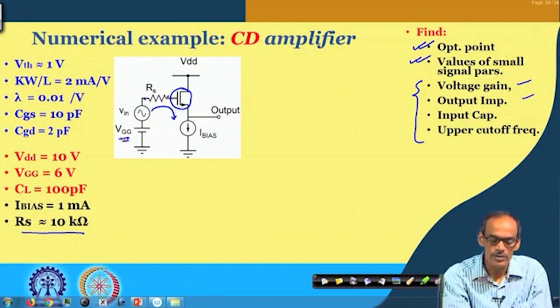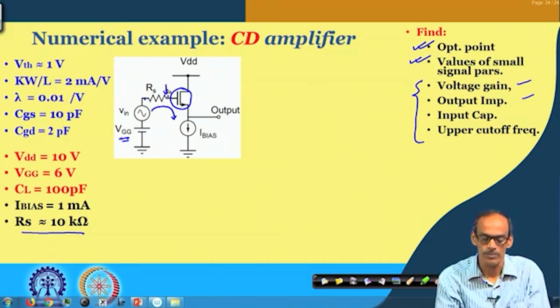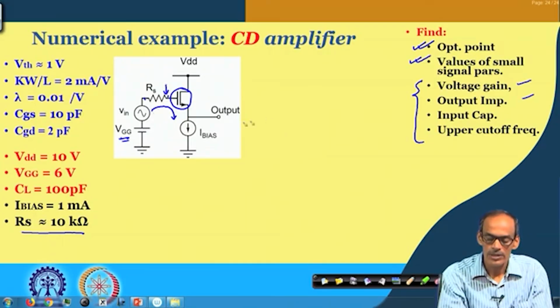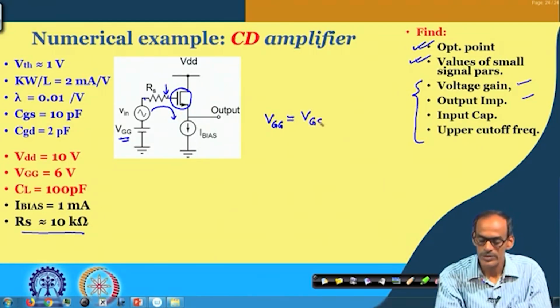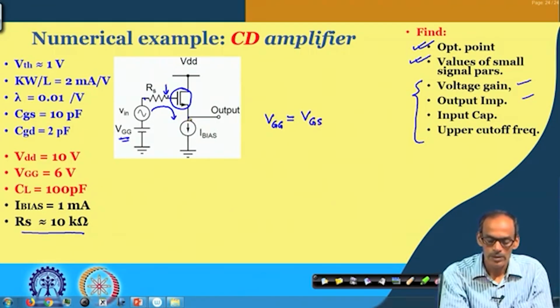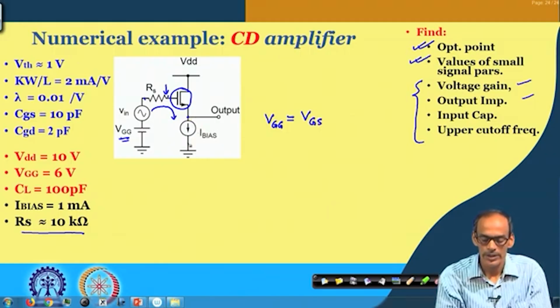So, we can say that Vgg is directly coming to the gate node. So, if I say that Vgg equals the Vgs of the transistor, and then we do have the current flowing here, right.